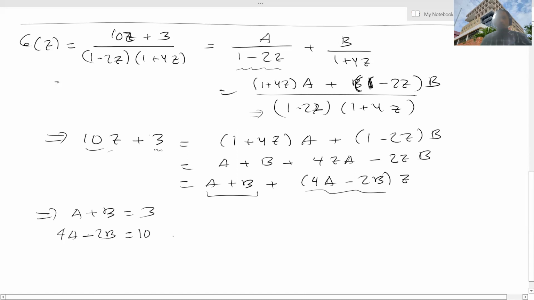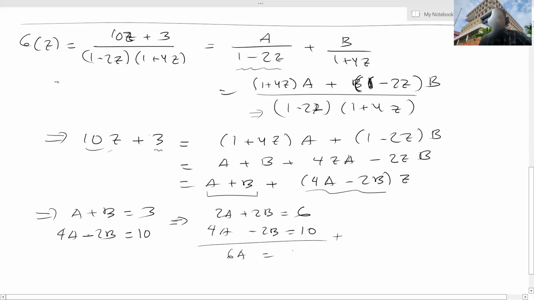Now, this is equivalent to 2A plus 2B is 6, together with 4A minus 2B is 10. So you sum them together, you get that 6A is 16. So A is 16 over 6, or if you divide by 2, you get 8 over 3.